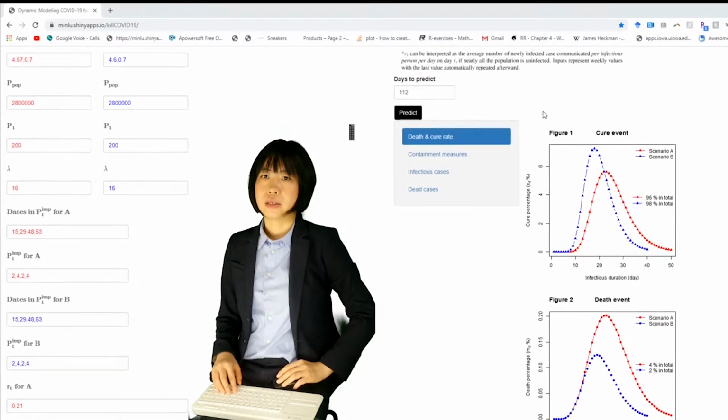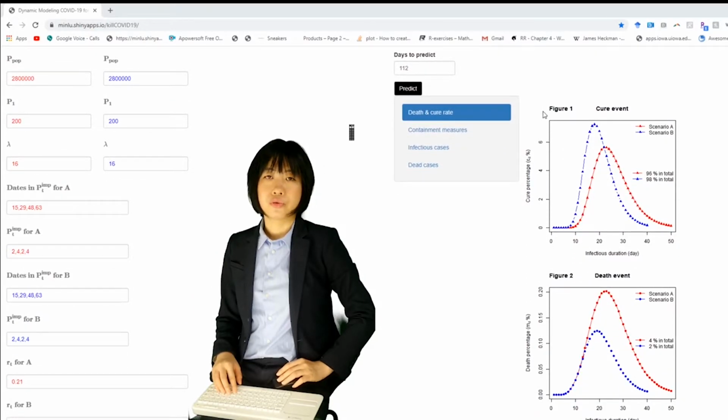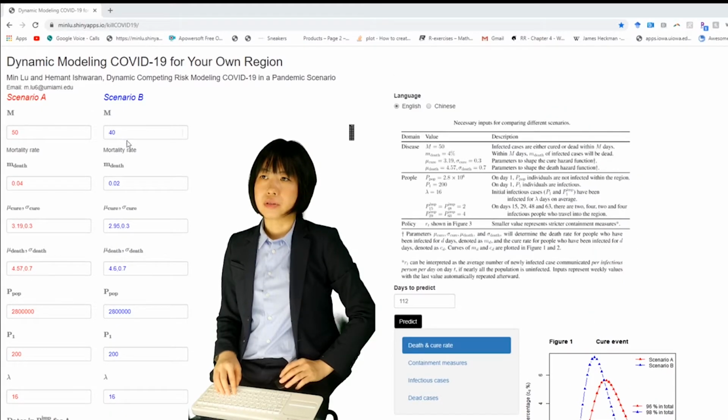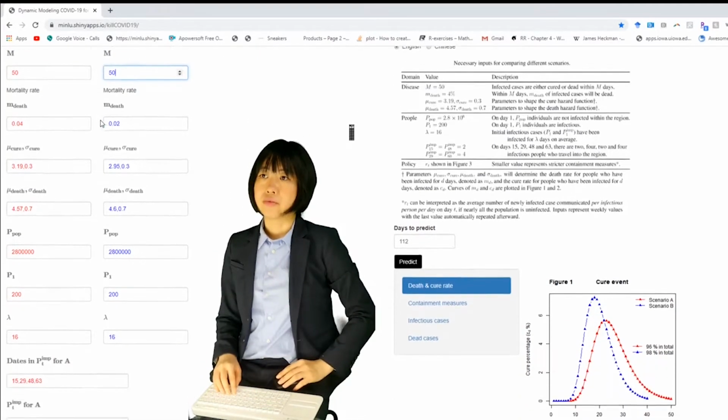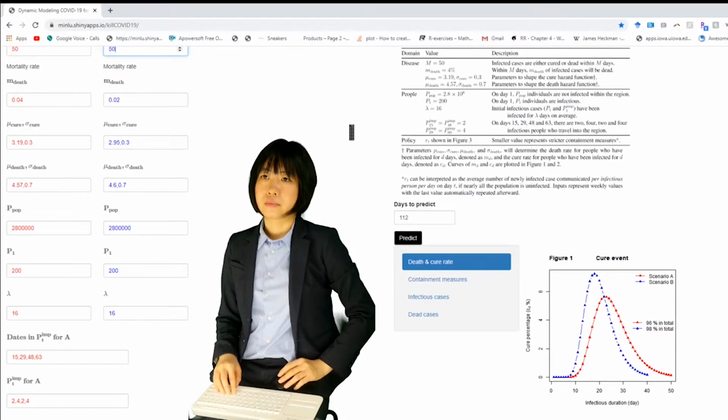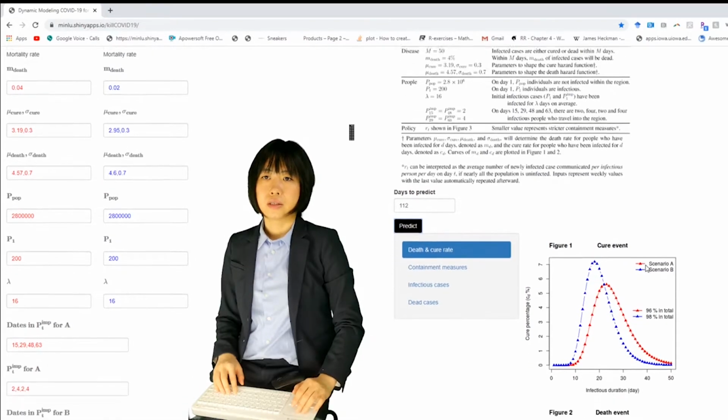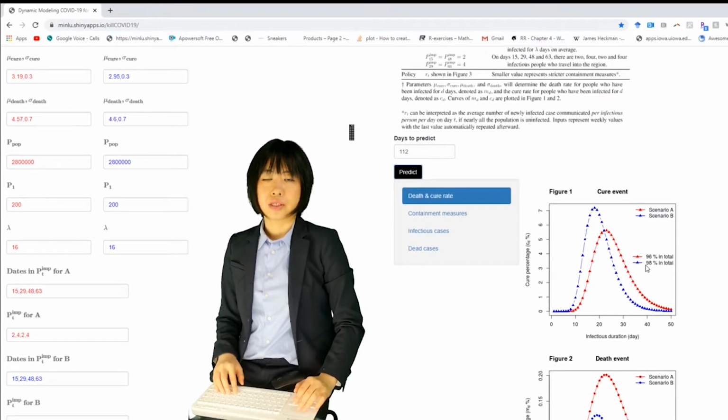Here you can see that we have two scenarios where in scenario B, the M value is smaller, but we can change this value, and after you change it, you can check the result. Then you can see that both of the two scenarios have the same length of infectious period.